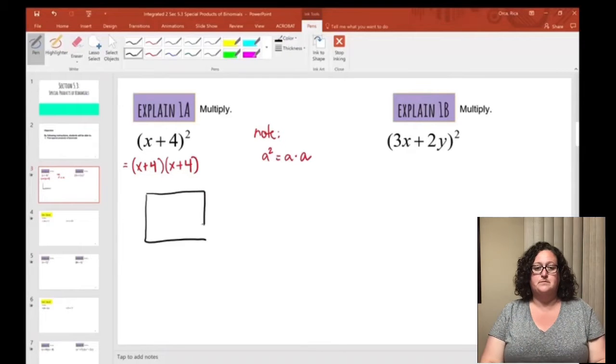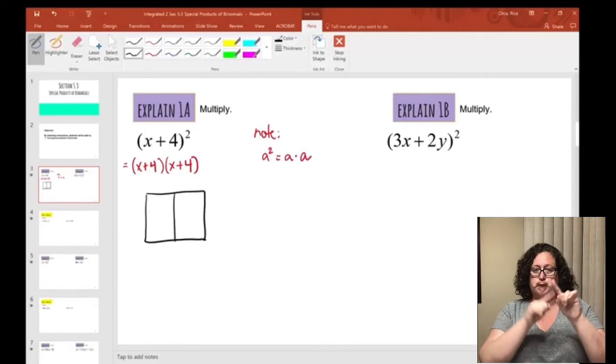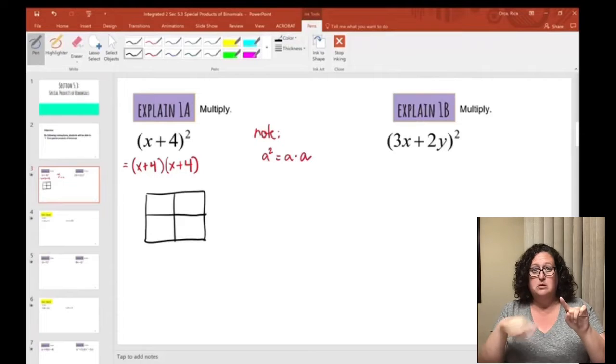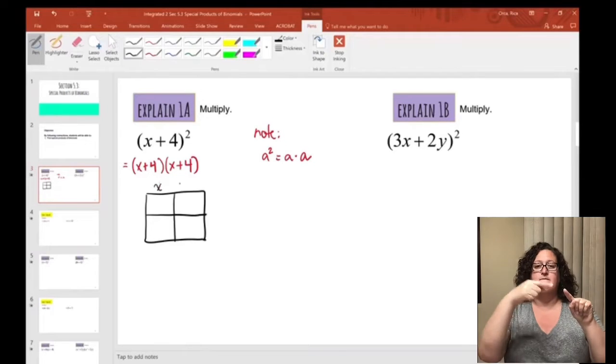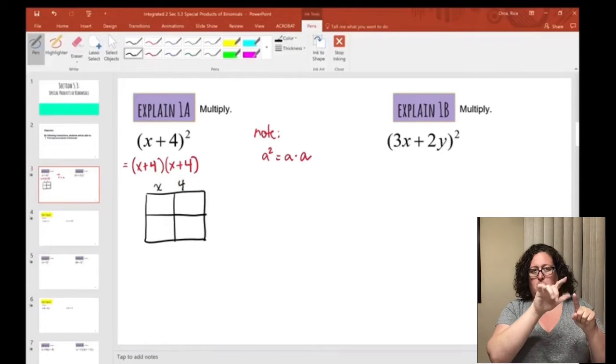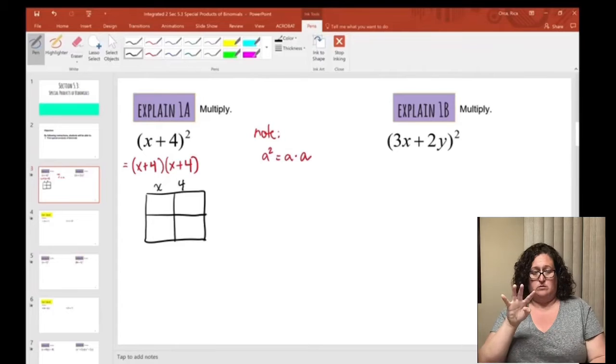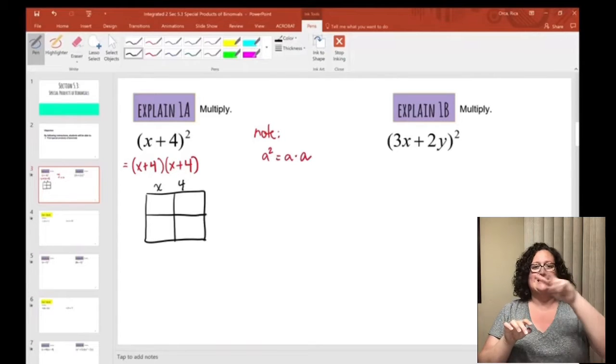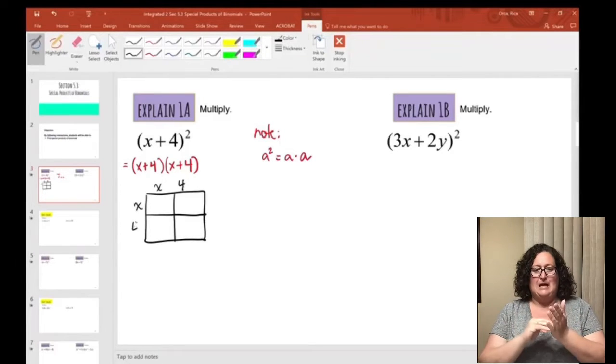I'm drawing a box that has 2 columns and 2 rows. On the top of my box, I want to write the first binomial, which is x and 4. On the left side of my box, I'm going to write out my second binomial, which is, once again, x and 4.